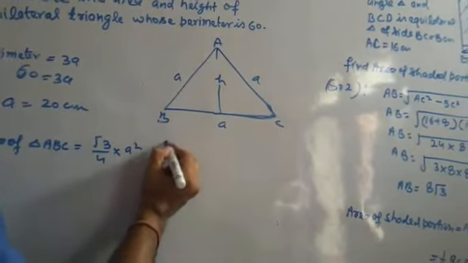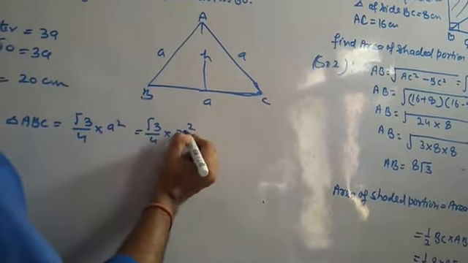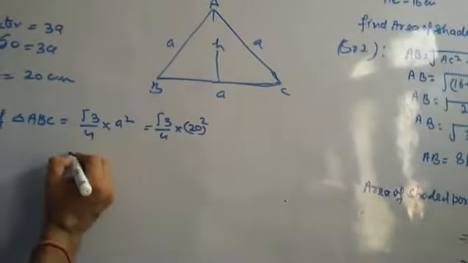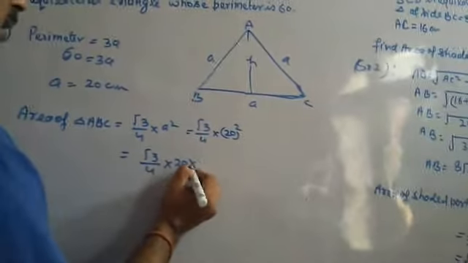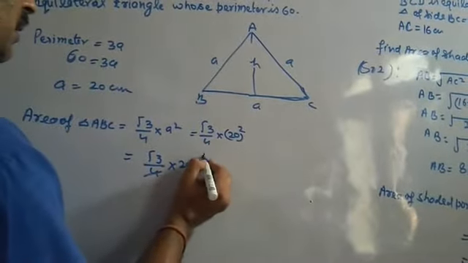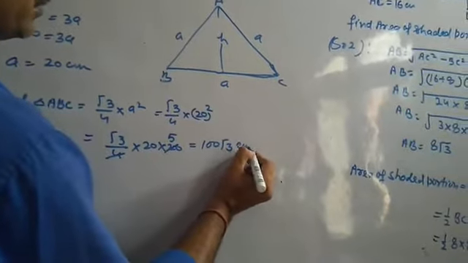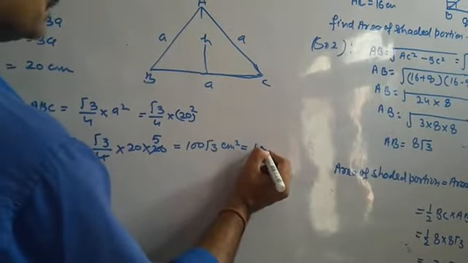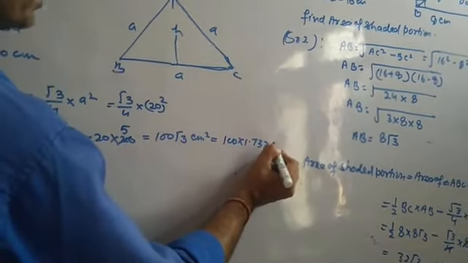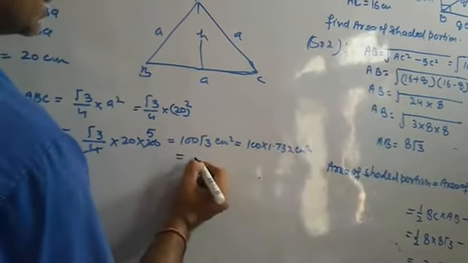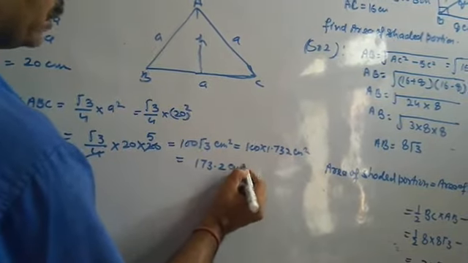This becomes root 3 by 4 into 20 square, that we will get root 3 by 4 into 20 into 20. This is 100 root 3 centimeter square, means 100 into 1.732 centimeter square, that will be equal to 173.2 centimeter square.